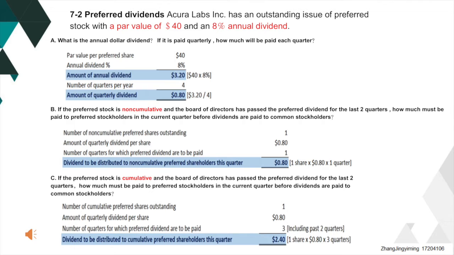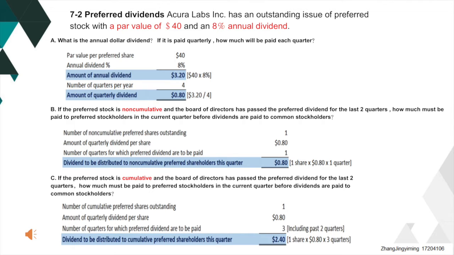The dividend to be distributed to non-cumulative preferred shareholders this quarter is equal to 1 share times the amount of quarterly dividends per share times 1 quarter, which is $0.8.